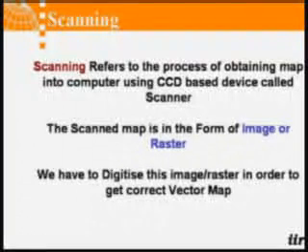When you scan your map, you should know at what resolution I should scan. Scanning means the process of obtaining a map into a computer using a charge coupled device, CCD based device called a scanner. The scanned map is in the form of an image or raster format. You can say JPEG or TIFF image. You have to digitize the image or raster in order to get a correct vector map.